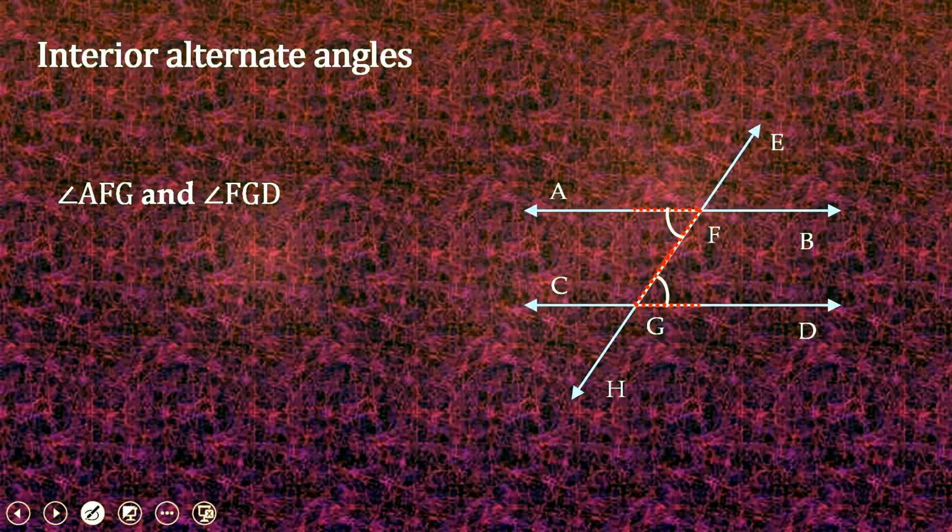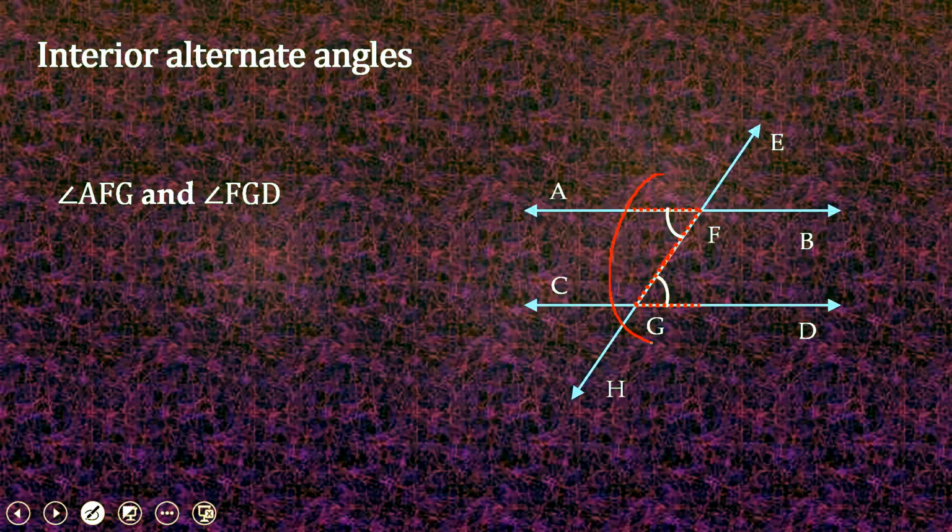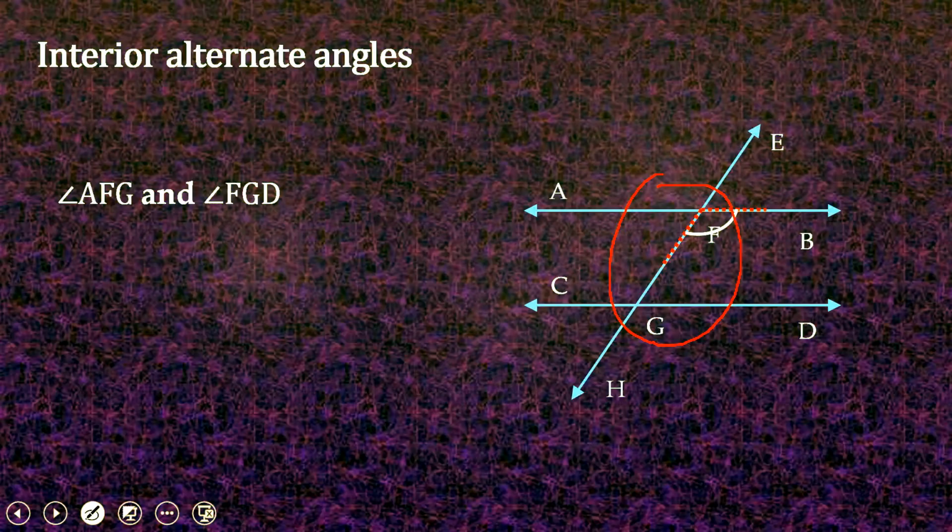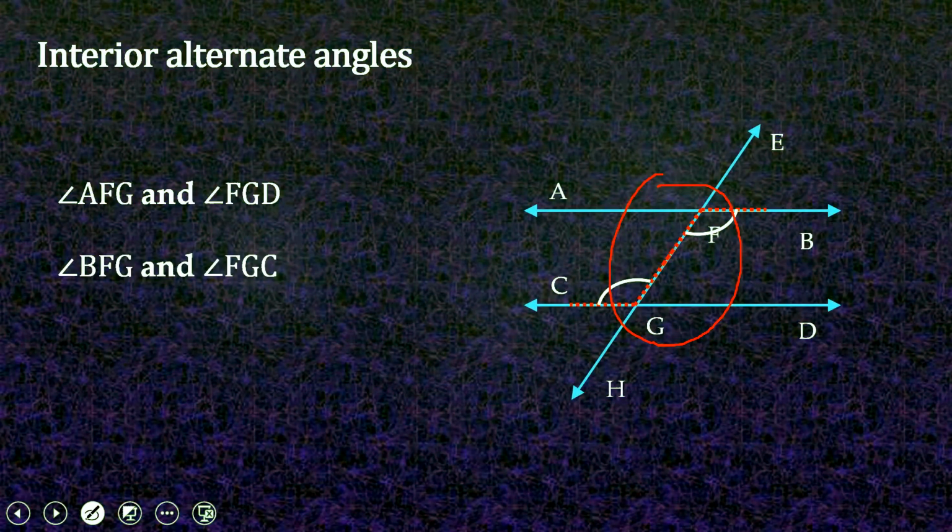See here children how to identify them. They form a shape of Z. You can see here. They form a shape of Z. Next, we will see angle BFG and angle CGF are also a pair of interior alternate angles. So these were the interior alternate angles.